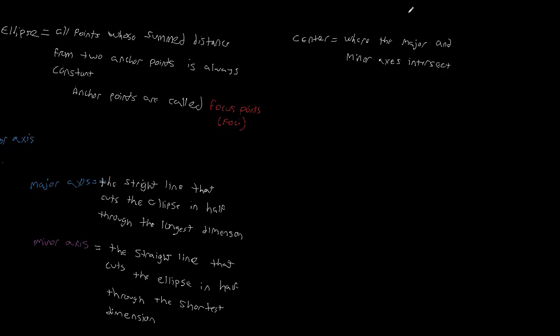Where those horizontal and vertical lines that cut the ellipse into pieces cross over each other, that is the center of the ellipse. And again, the major and minor axes are always horizontal and vertical, and they always intersect at a 90-degree angle. They're perpendicular to each other. So that's the center.